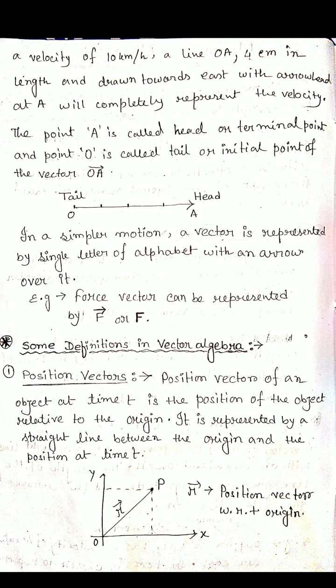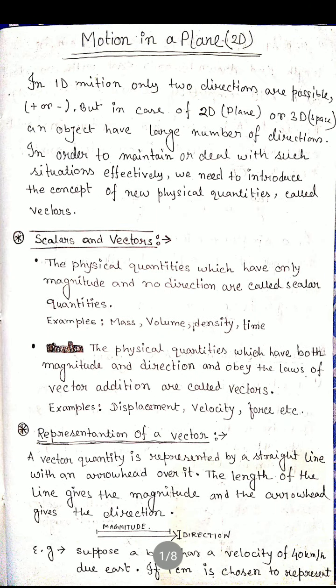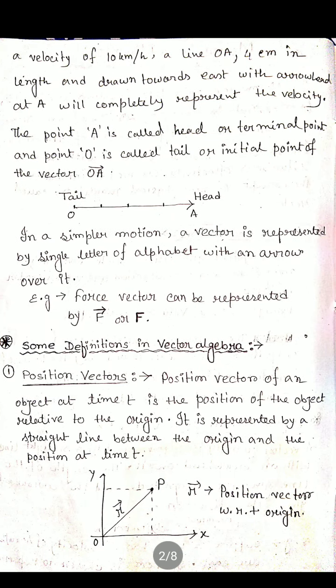So 10, 10, 10, 10, that is 40 km per hour, and the direction is mentioned as due east. The right hand side is the east direction. So that is vector OA, which we represent by the straight line OA with an arrowhead over it. O is the initial point, or the tail, and A is the head or terminal point.